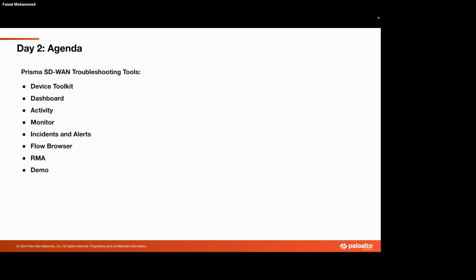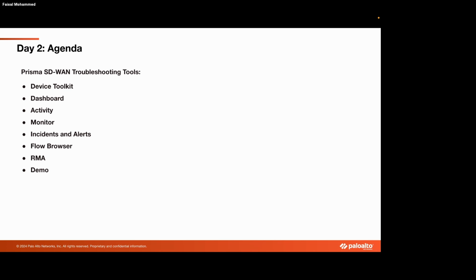We discussed the various components of Prisma SD-WAN, such as the interface types, the internet circuits, the MPLS circuit, the LAN interface, the different routing protocols supported on the Prisma SD-WAN branch side, and we ran through the Strata Cloud Manager UI interface from which we manage the Prisma SD-WAN infrastructure. So we had an introduction into all these components which work together.